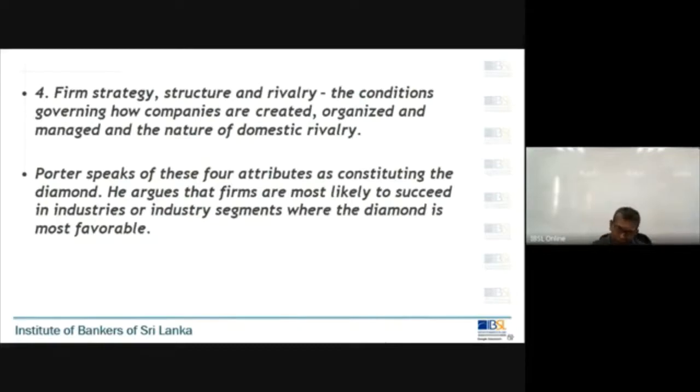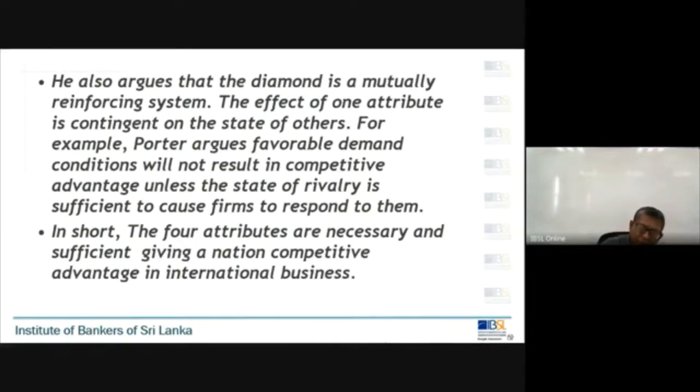Right? He said these factors are reinforcing other factors. So therefore, the four attributes in very short are necessary and sufficient for giving nations competitive advantage in international business.